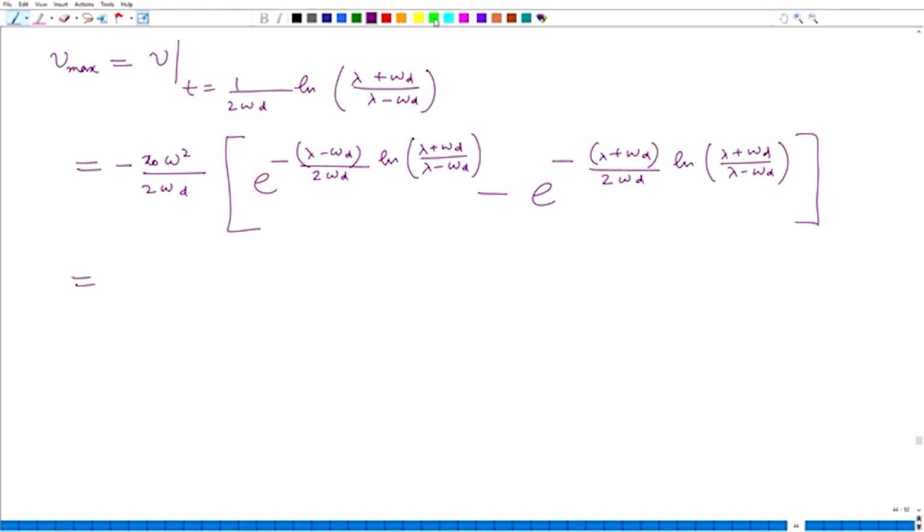So, this is like this, e to the a log b is nothing but e to the log b to the a, which is equal to b to the a. So, that we will use here.